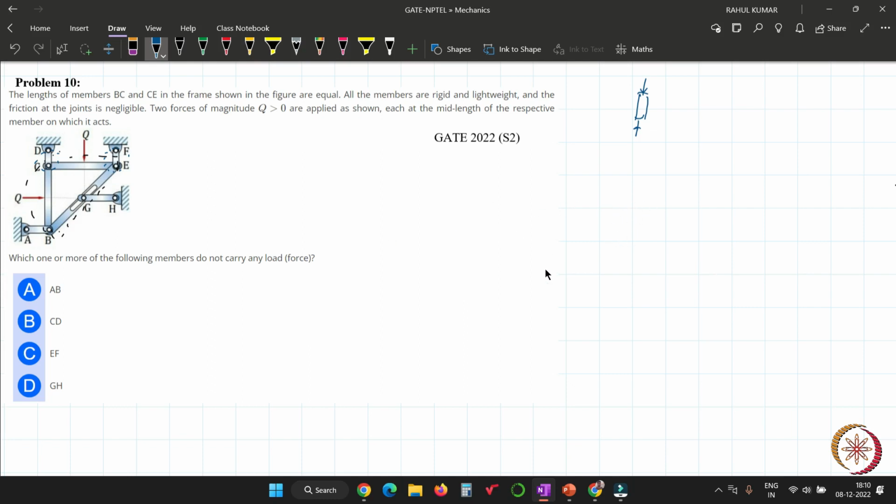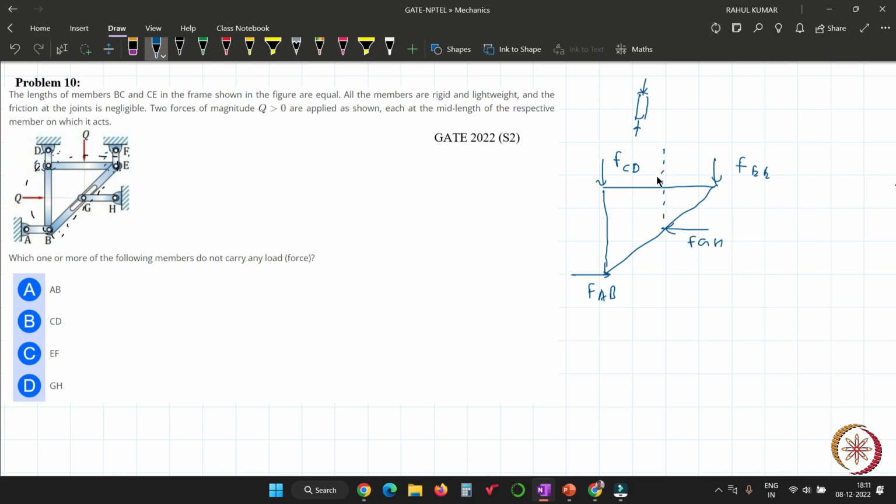First I will create the FBD of this frame. This frame is like this, and I have already told you that all these links are able to bear only axial forces. Suppose this force is FCD, this force is FEF, this force is FAB, and this link also applies only an axial force, that is FGH.